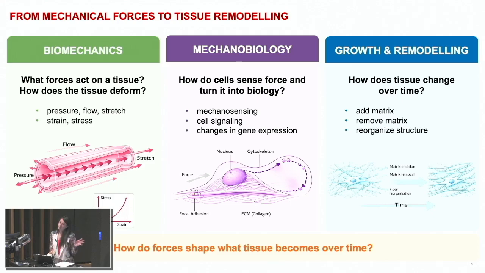Often that response is referred to as growth and remodeling. That means cells adding material, removing it, reorganizing, modifying it, changing the tissue not just today, but over months or even years. So really the question is not only what forces a tissue experiences, but how those forces might then shape what the tissue becomes over time.